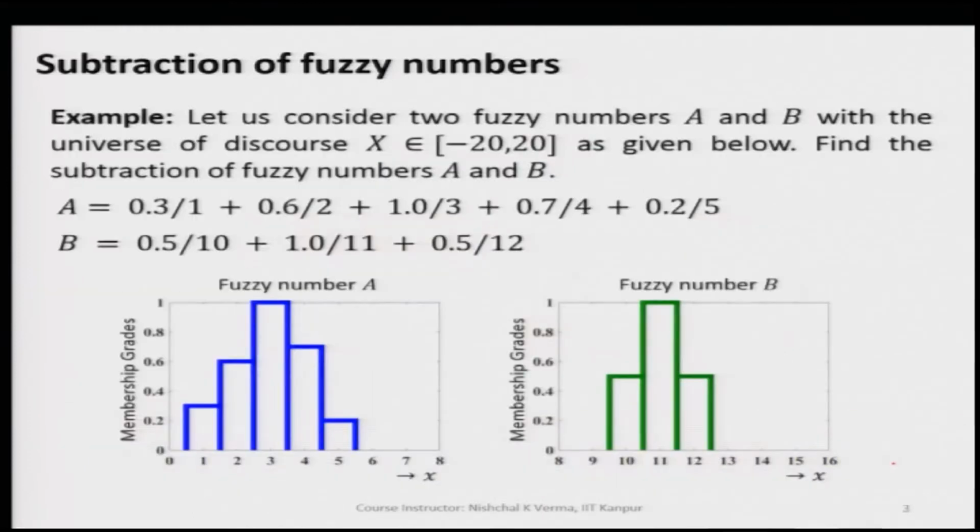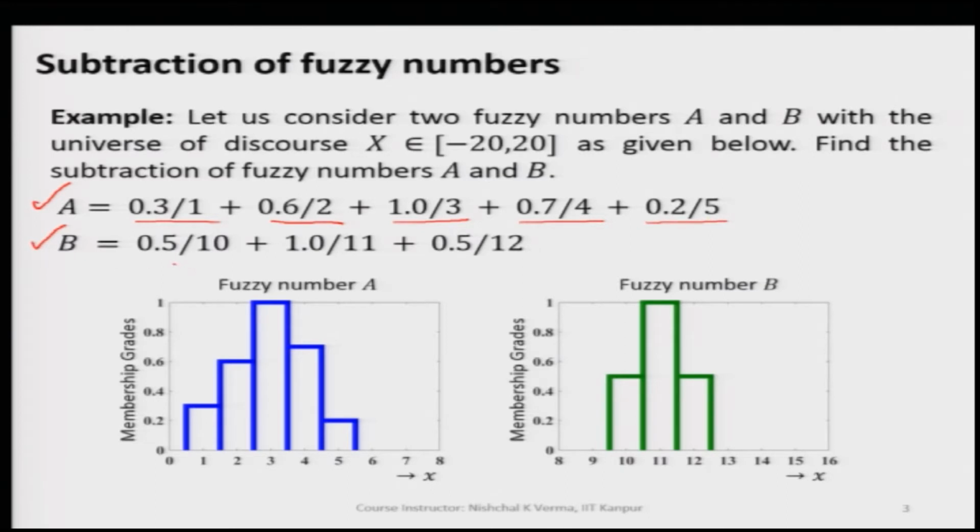So, let us now take an example of subtraction of fuzzy numbers A and B and understand the operation. If we have two fuzzy sets A and B, A is equal to 0.3 oblique 1 plus 0.6 oblique 2 plus 1 oblique 3 plus 0.7 oblique 4 plus 0.2 oblique 5.